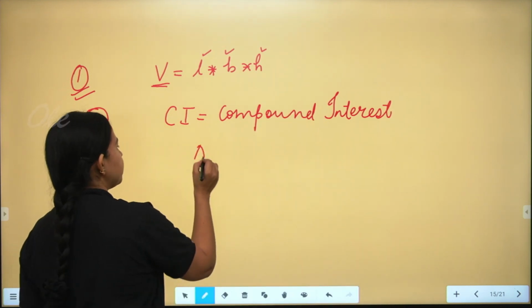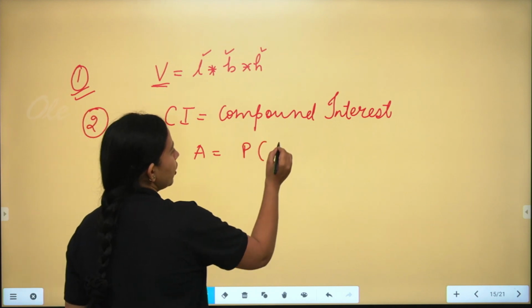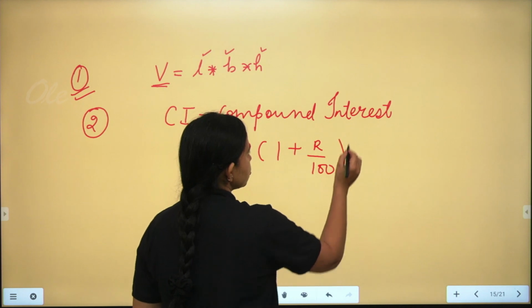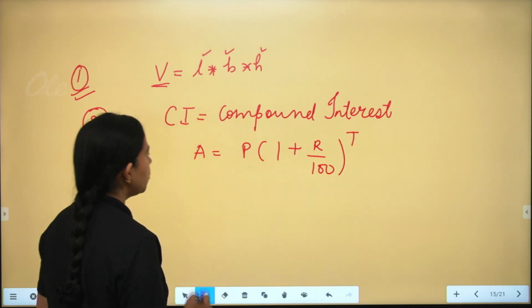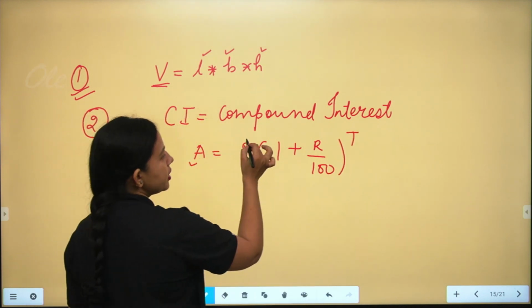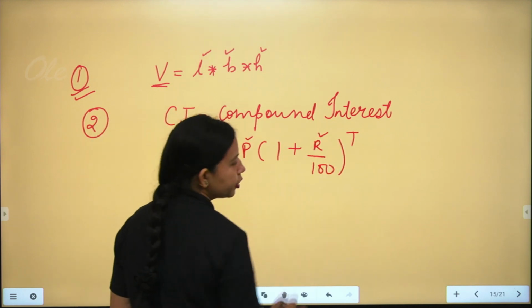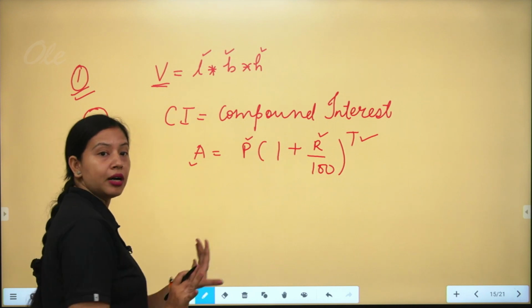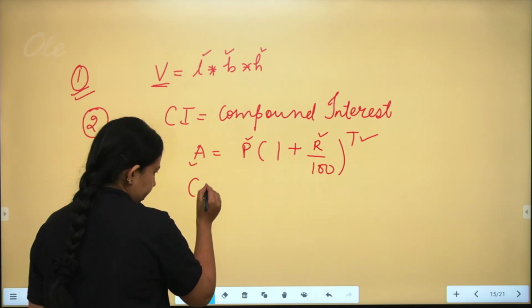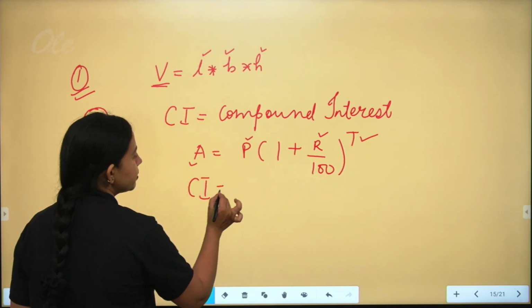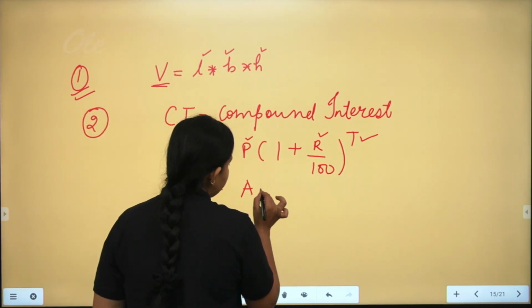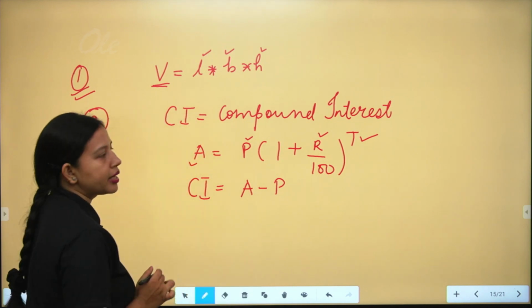As we have studied, A equals P(1 plus R upon 100) raised to the power T. A is the amount, P is the principal, R is the rate of interest and T is the time. That will give you only the amount. But you don't need the amount; you need to find the compound interest. The formula for compound interest is A minus P.